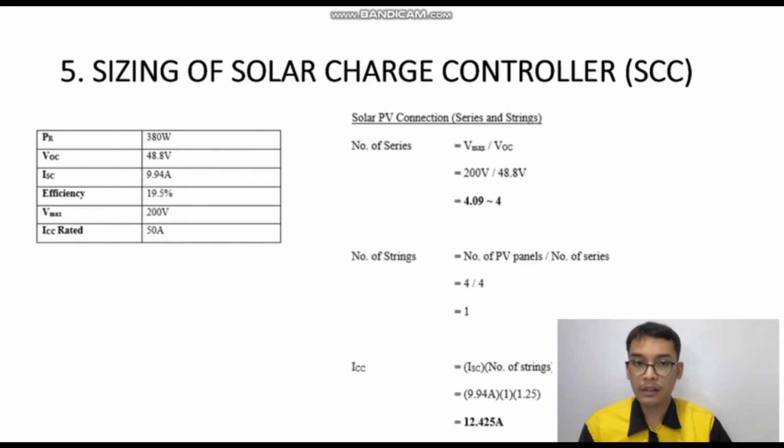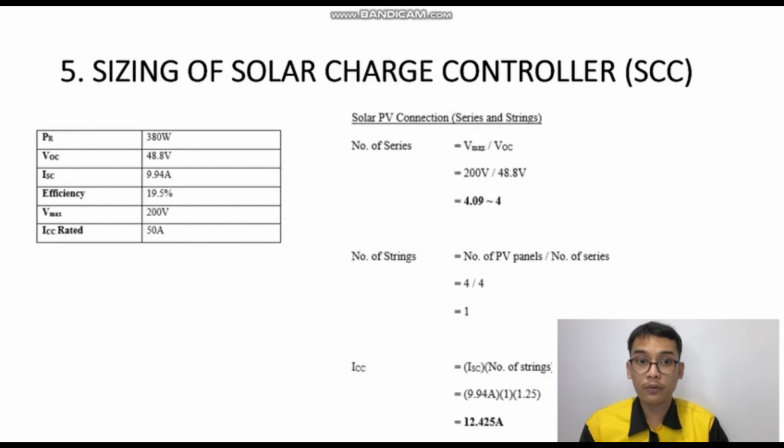So the current for the solar charge controller is 12.425 ampere. Now we have calculated all the important things that are needed for Encik Hamad's house.